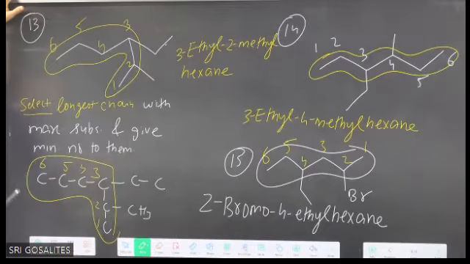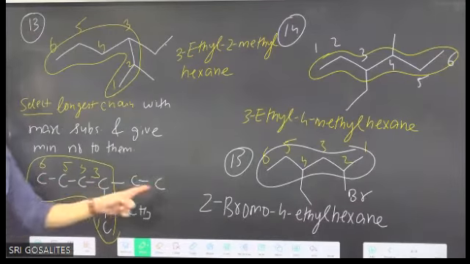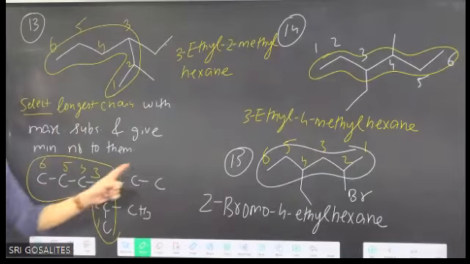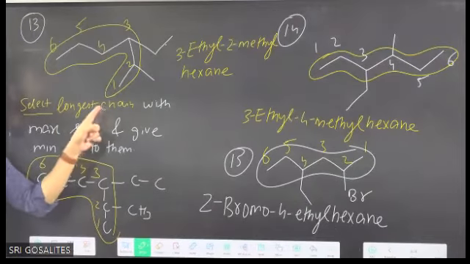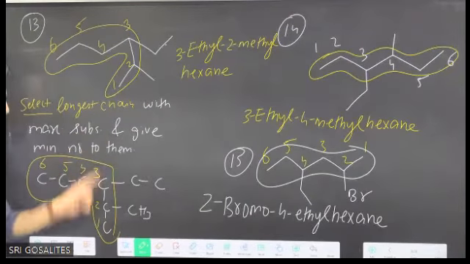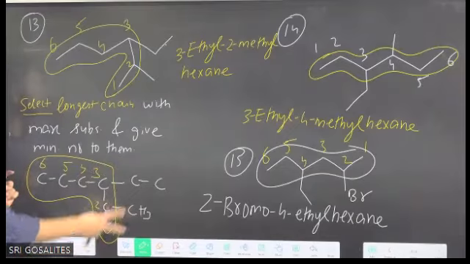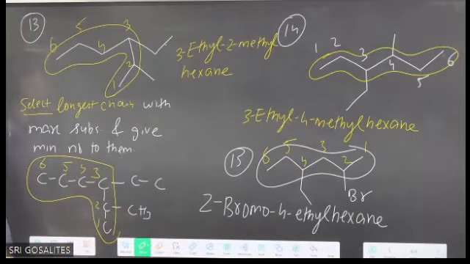Fifth, already it is in the previous slide. The straight chain is also 6. In question number 13, the straight chain is the same. The longest chain is 6 with the maximum substituents. Where is the maximum? In this. How many? 2. Methyl, ethyl. After class, you have to go through these examples again.